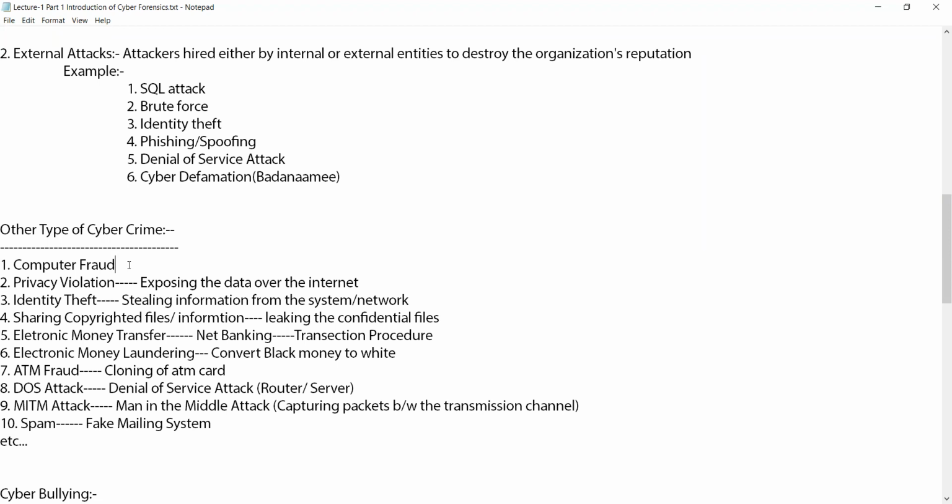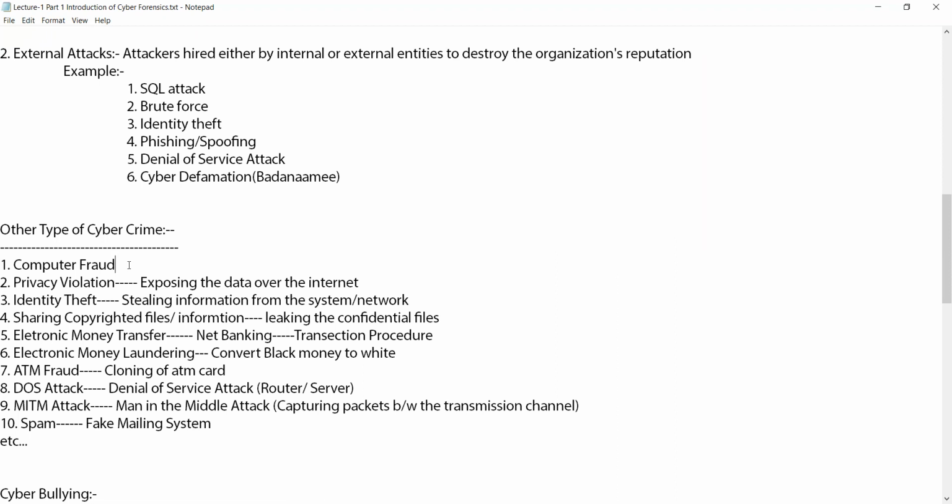They can change the amount of money, they can change the account number in the packet, and after that they send that packet to the bank, and the transaction will occur. So this type of activity is involved in electronic money transfer by using the MITM attack.